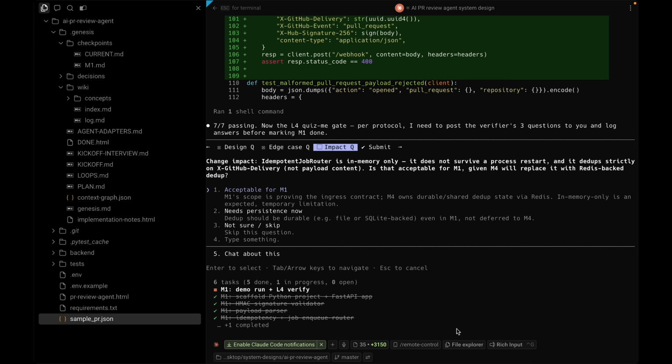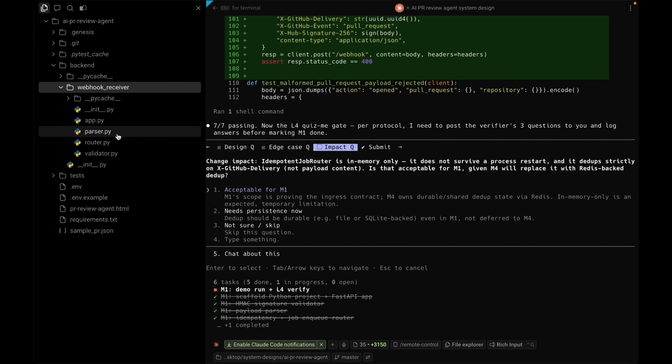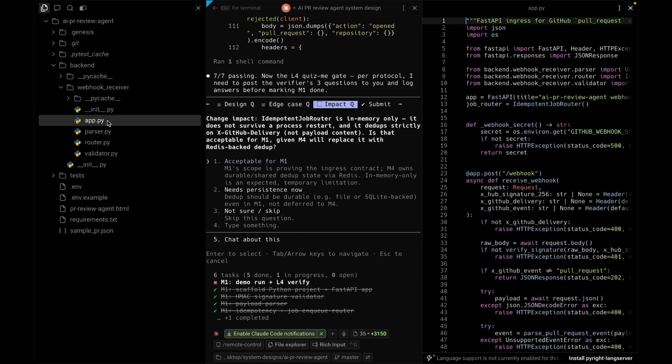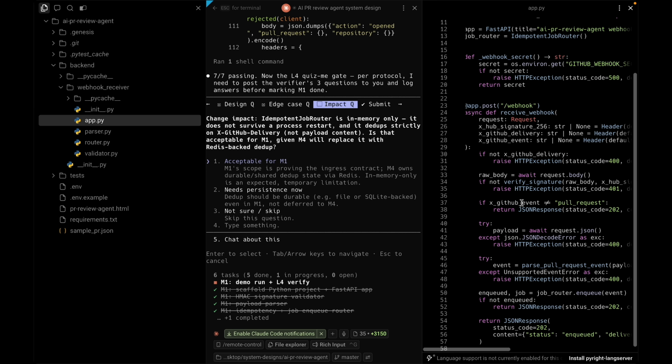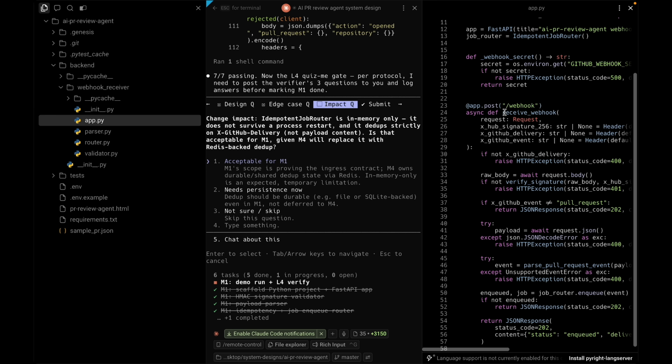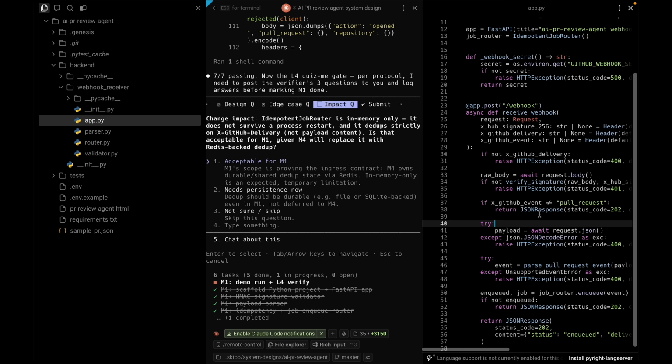If you go to your file, click on your favorite backend, click on webhook and then click on app.py, you can see what is going to happen. Anything that comes to the webhook, your request will come over here. If it is not a pull request, it's going to return an error. But if it is, you verify the signature.